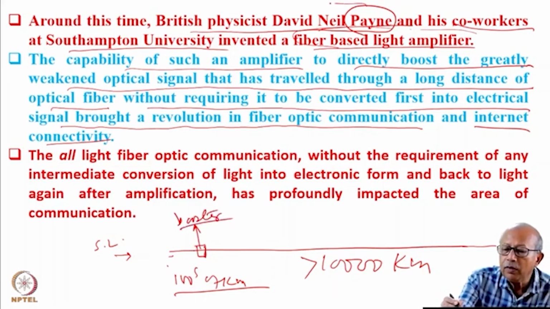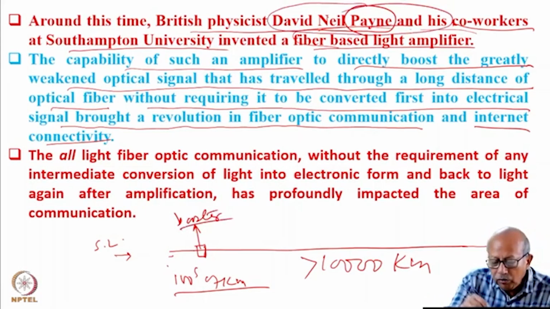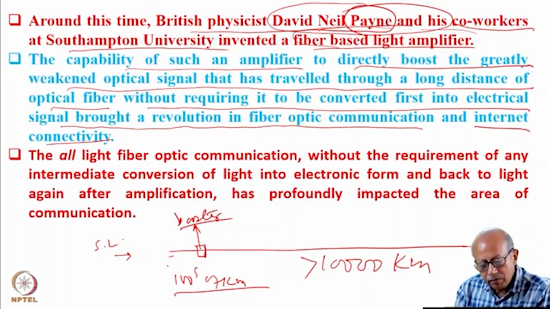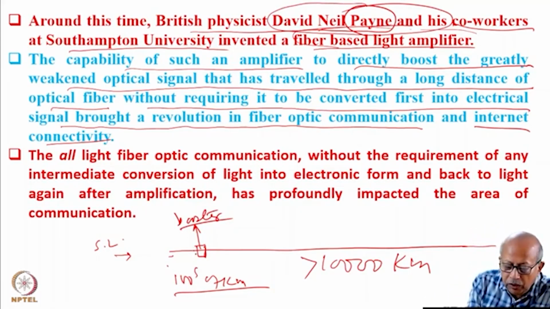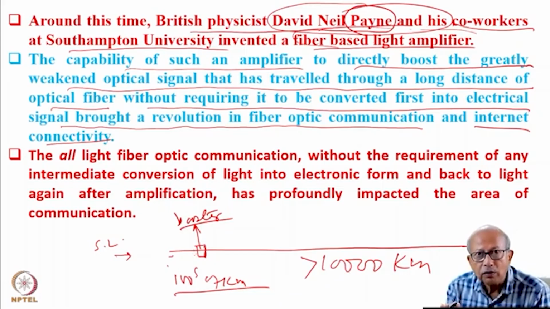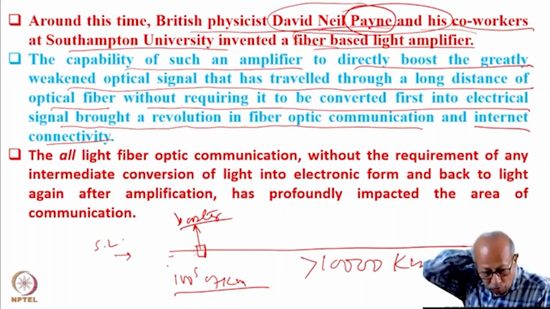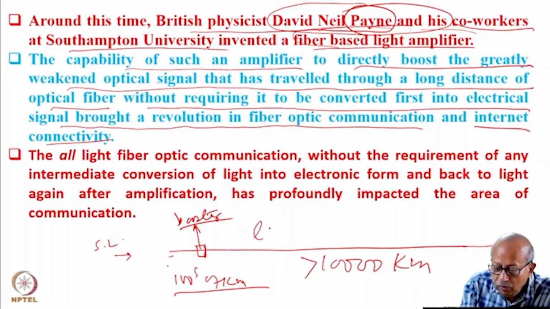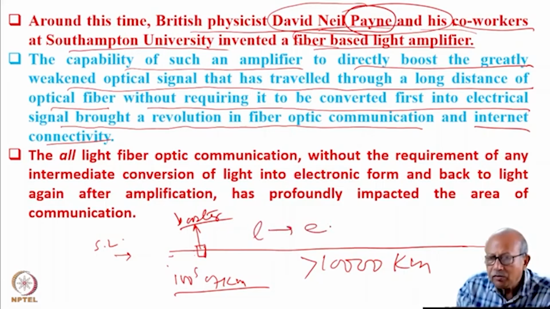Before this discovery by Payne, how was the signal boosting to take place? This light, which has become weakened as a result of absorption, would be converted into an electrical signal.